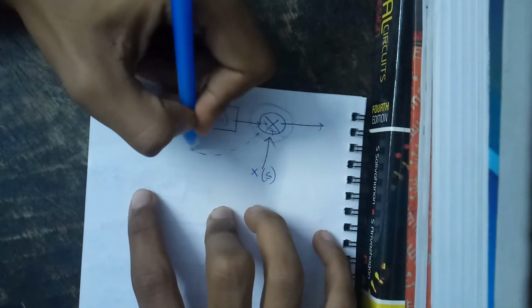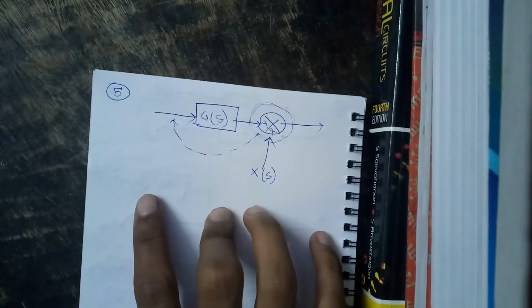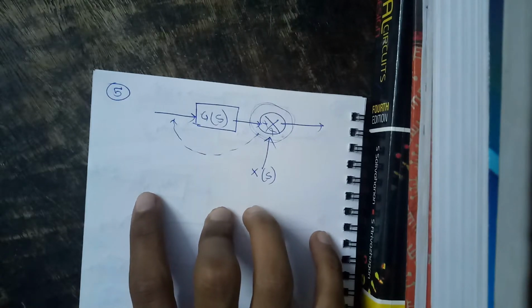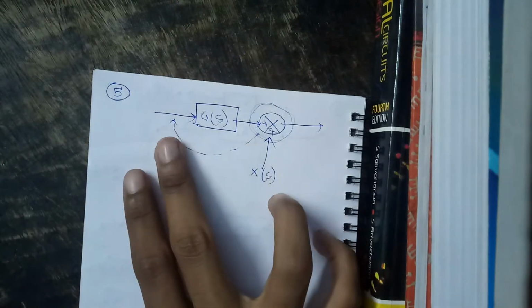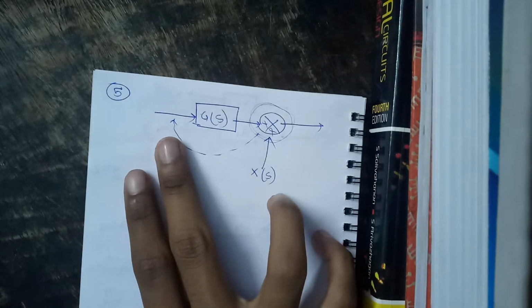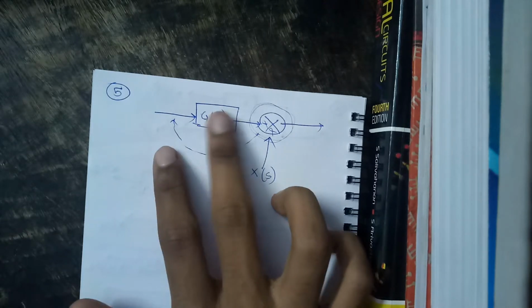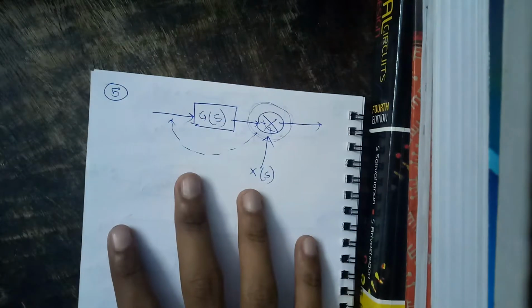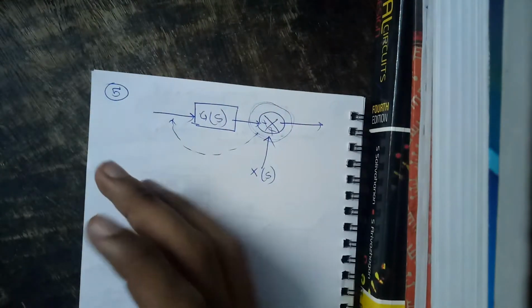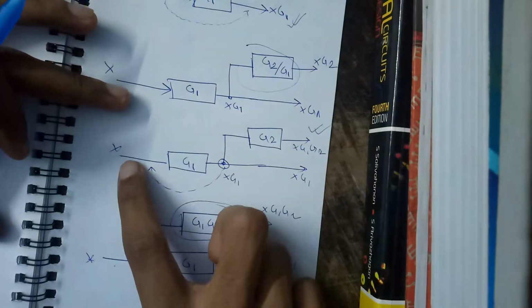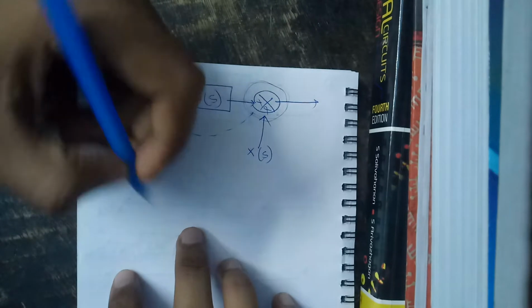We want to move this before this block. What do we have to do if we want to move a summing point before a block? We need to divide it by the block gain. Previously, if we wanted to move a takeoff point before the block, we multiplied it. Here it is divided, and we'll explain why. First let me draw this.